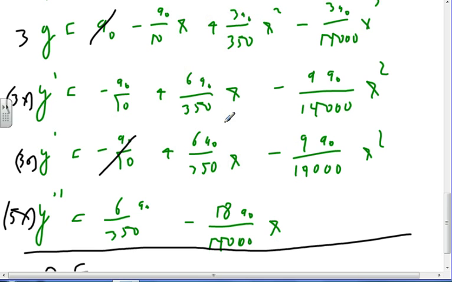I got plus 30 times 6 divided by 350, and I've got plus 30 divided by 350, and I get a 0, so the second term goes away.